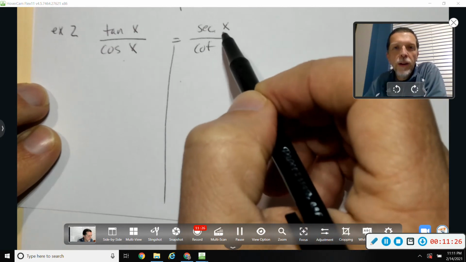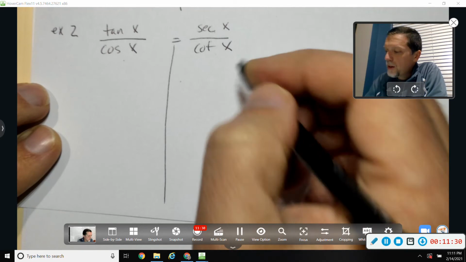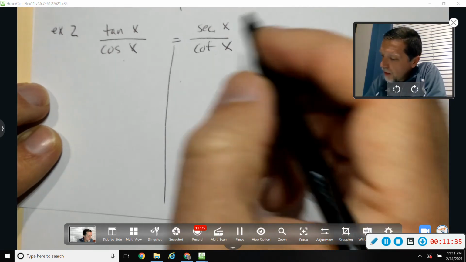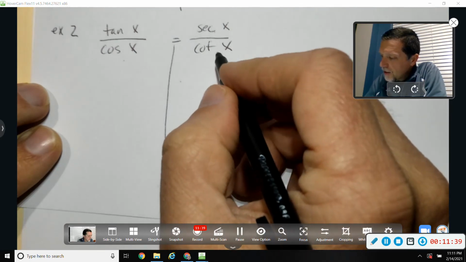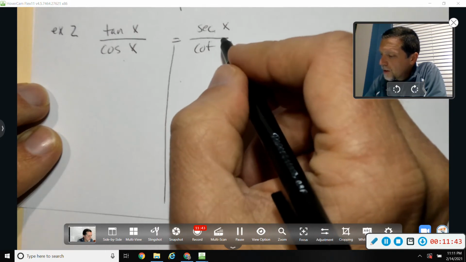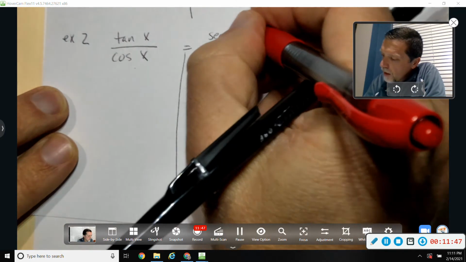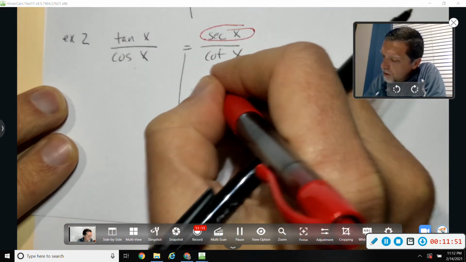It's not about whether I'm working on the right or the left, it's about which side's more complicated, because that should be the easier side to work with. Secant and cotangent. One way to rewrite secant, let me color code here, is 1 over cosine.